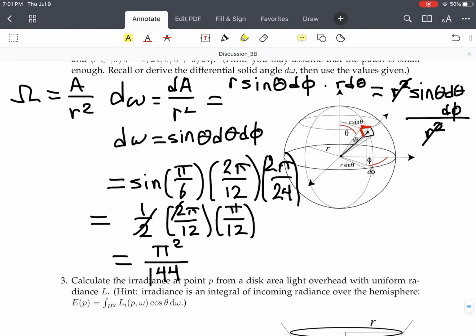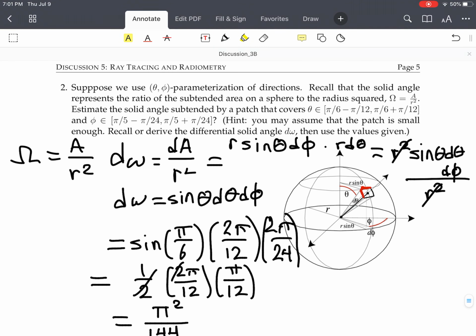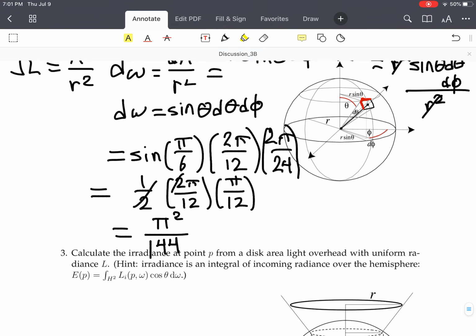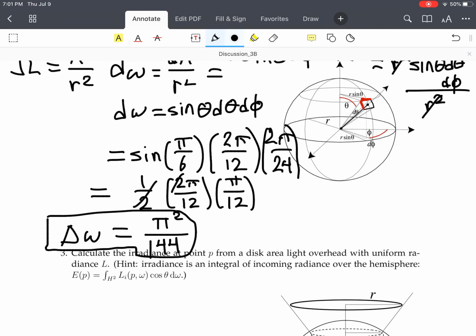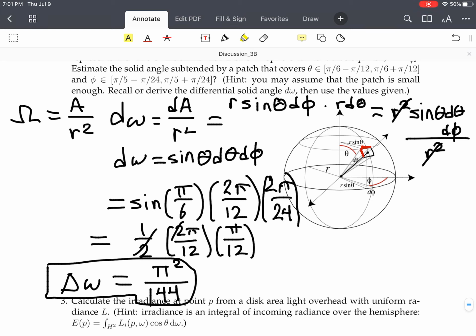Okay, so there we go. We're looking for the solid angle. So that's going to be it. Pretty simple. We derived the equation for the differential solid angle from the normal solid angle equation, and then just plugged in some values and got our answer.